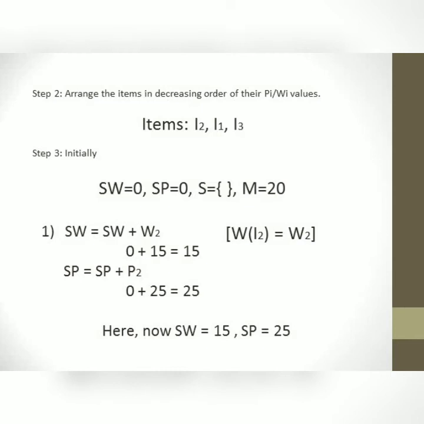Since we added this item, we also increase the profit. SP is the current profit plus the profit of the item selected, which is 25. So the total is 25. Now the weight of the sack is 15, and the profit attained so far is 25.